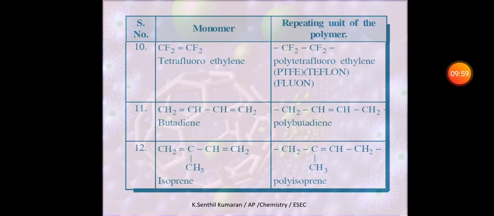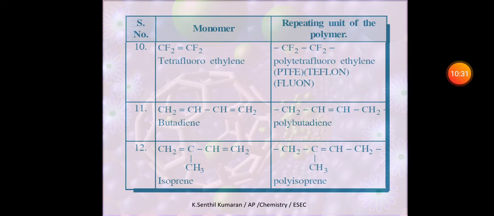So n number of butadiene polymerized to form polybutadiene. Here the double bonds are converted into single bonds and new double bonds form. So the polymerization reaction is called addition polymerization.